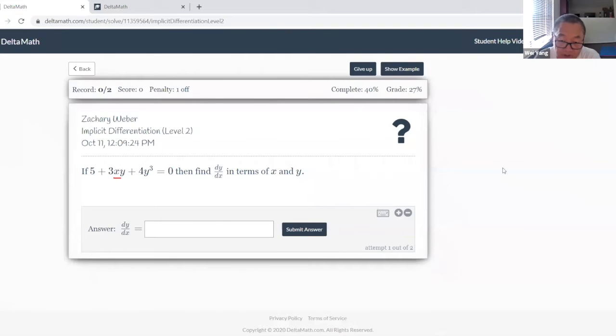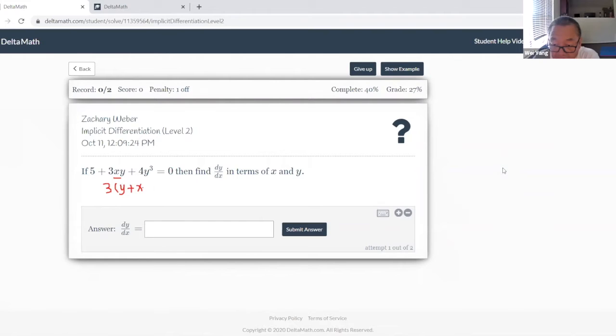Then for this term, first you take the derivative about x, because this one is x times y. The derivative of x about x is 1, then times y. Then here you write x, times the derivative of y.